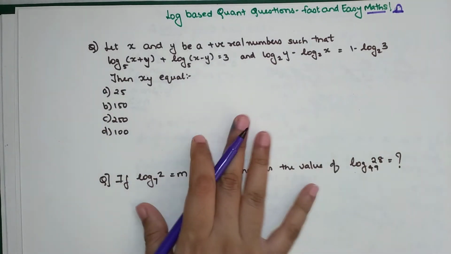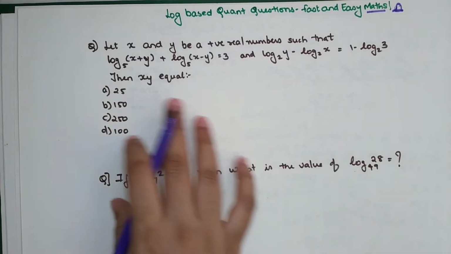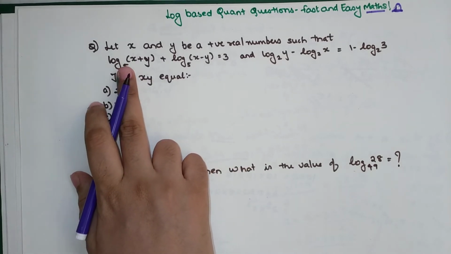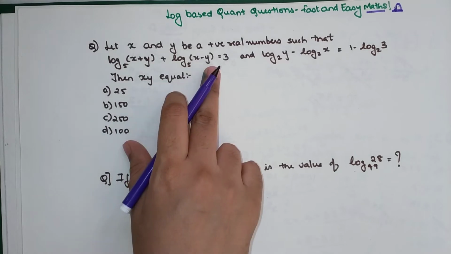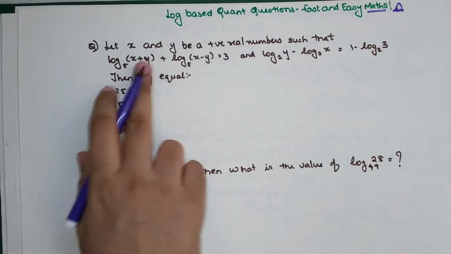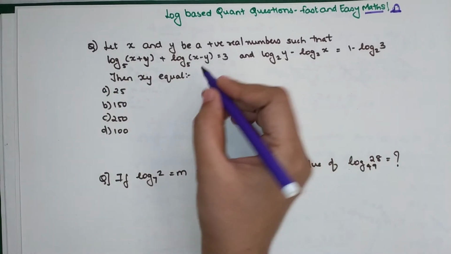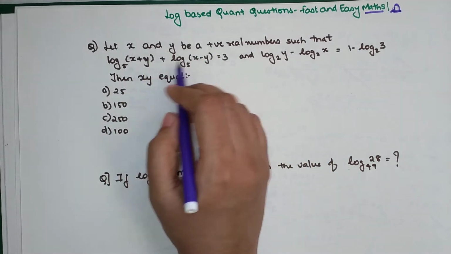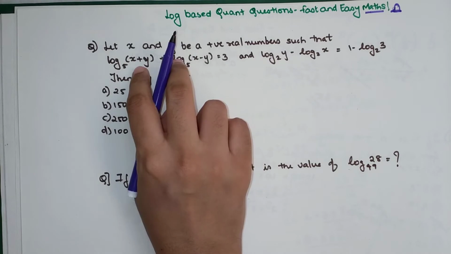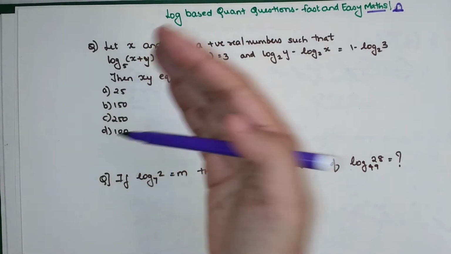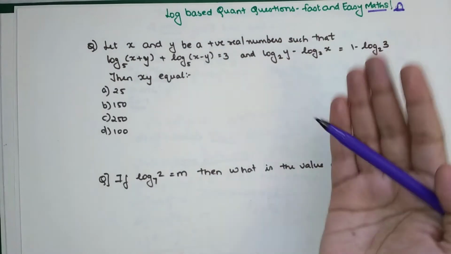Now over here we are seeing log of x plus y to the base 5 plus log of x minus y to the base 5. So we have a plus sign in between. Whenever I have a plus sign between two logs of the same base, you can do the multiplication, because log a plus log b is equal to log ab.